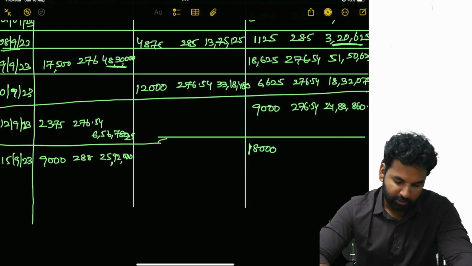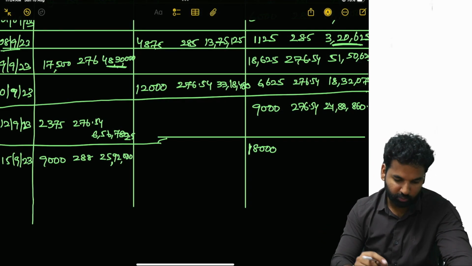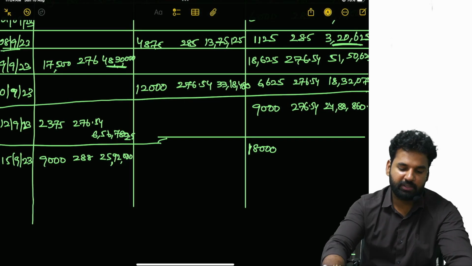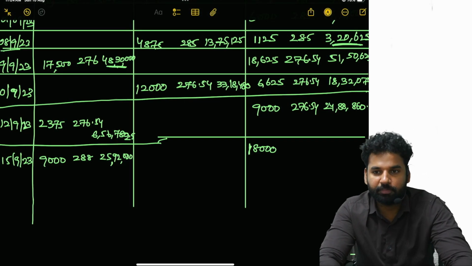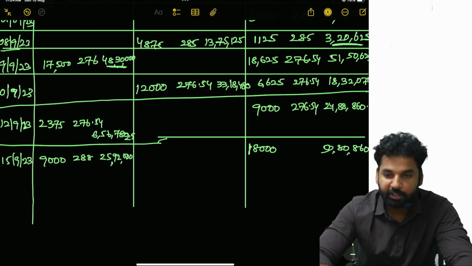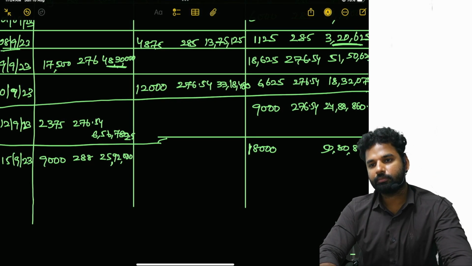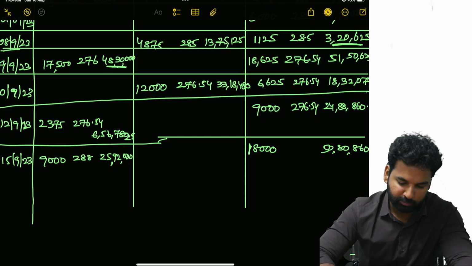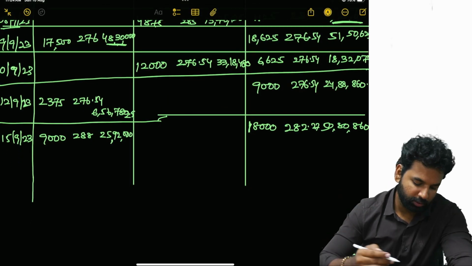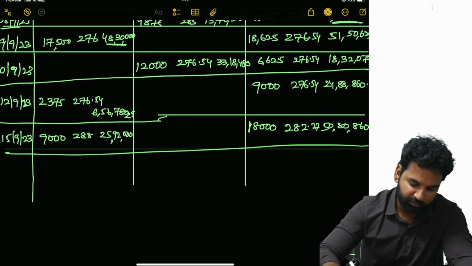What will be the price then? So you add up 25 lakhs 92,000 plus 24 lakh 88,860, which is 50 lakhs 80,860, divided by 18,000. How much? 282.27. Okay, right. What is the next transaction?